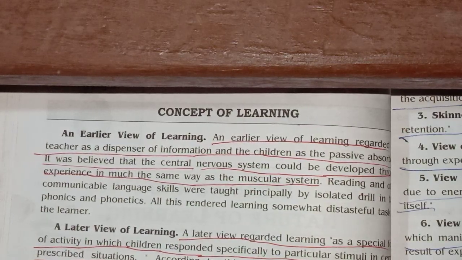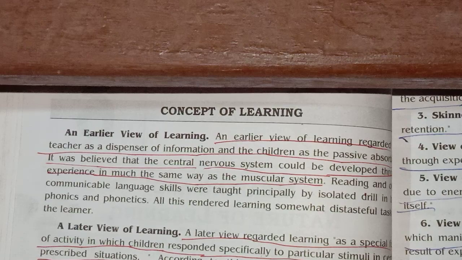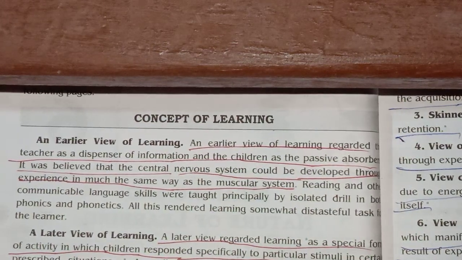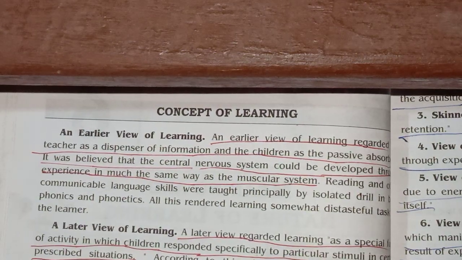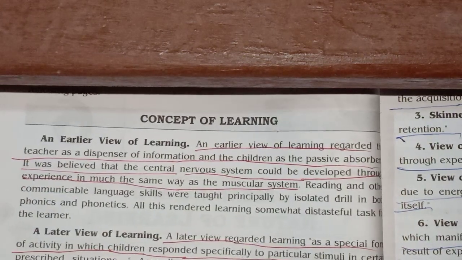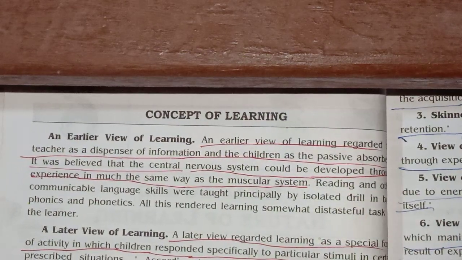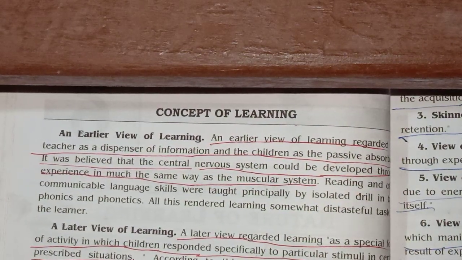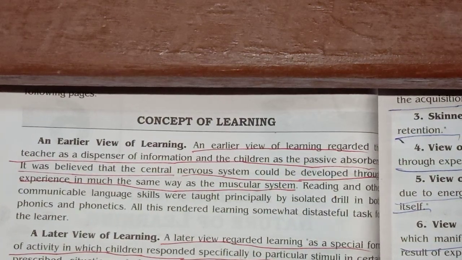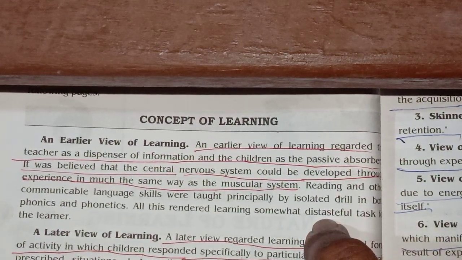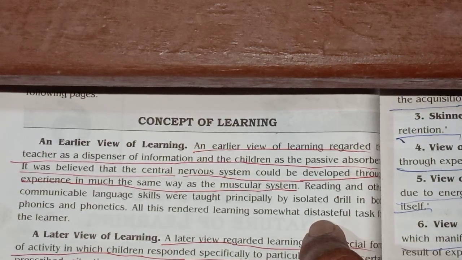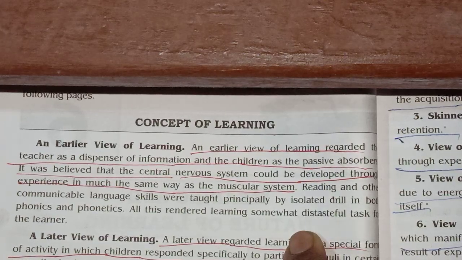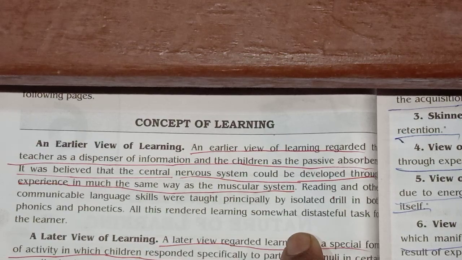So in the earlier view, teachers are the source and the dispenser of information. What is a dispenser? The source which throws information towards a direction is called a dispenser. Teachers are the dispensers of information and children, students, are the passive absorbers of the information thrown by the teacher.